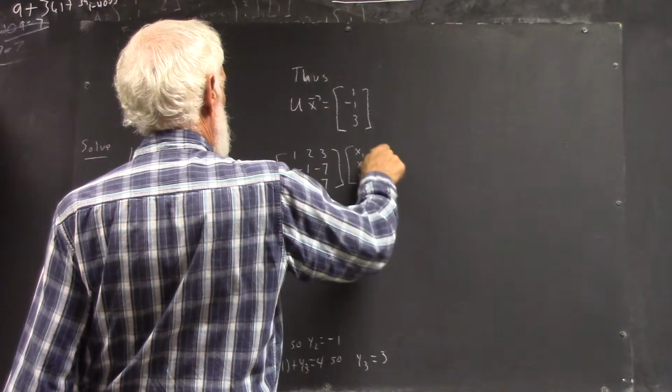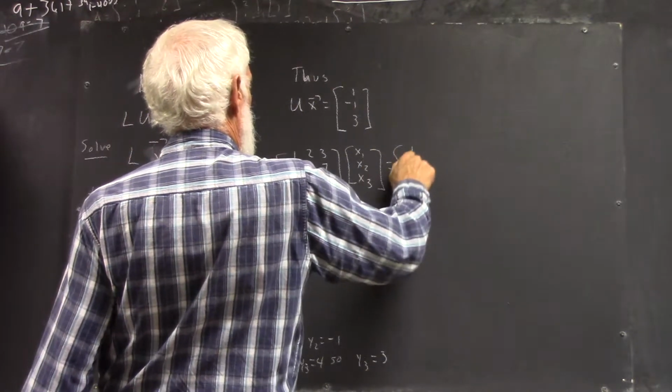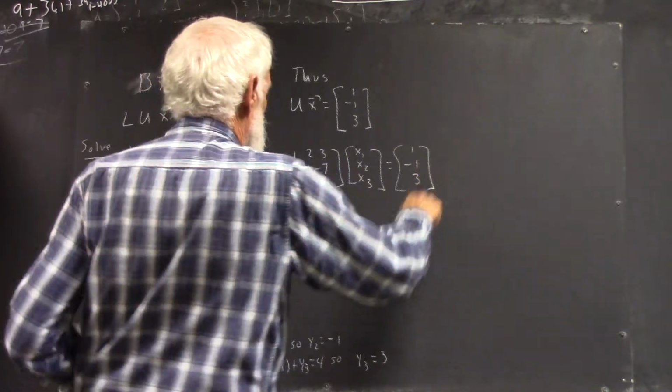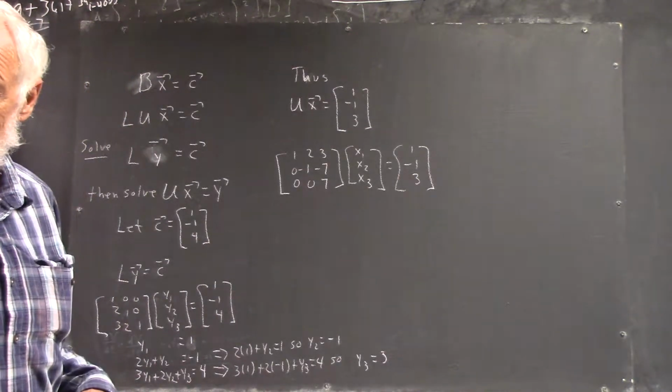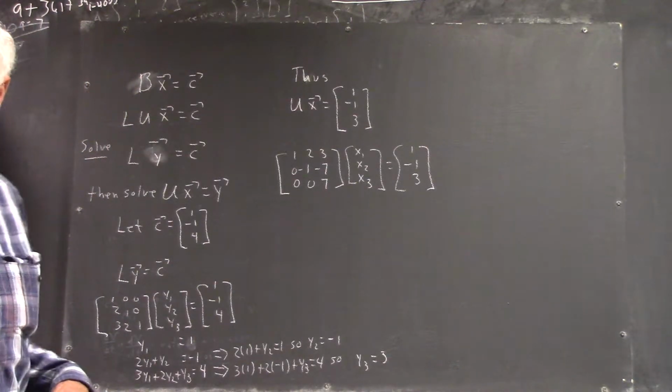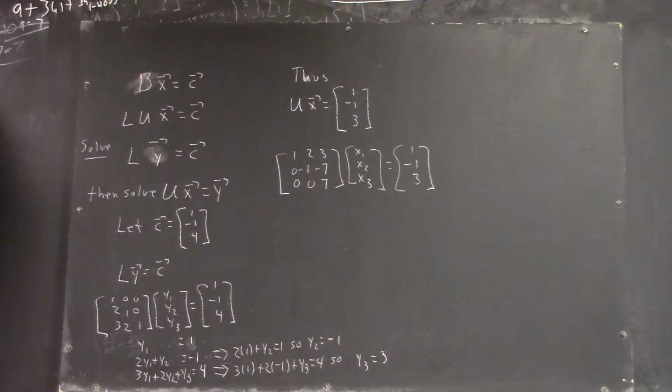Let me finish writing this out and then we'll see what I screwed up. I probably did, because I ended up with 1, negative 3, and 7.